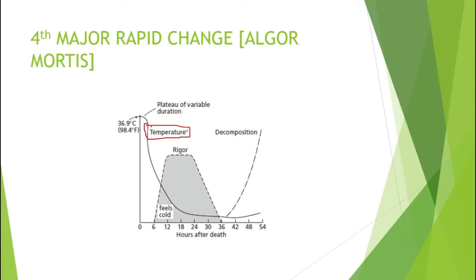As I previously mentioned, Newton's law states that heat will transfer from the warmer body to the colder body. But the rate of heat exchange also depends on the temperature difference. So the greater the temperature difference, the quicker the heat loss from the body, and there will be early algor mortis or early cooling, and vice versa.